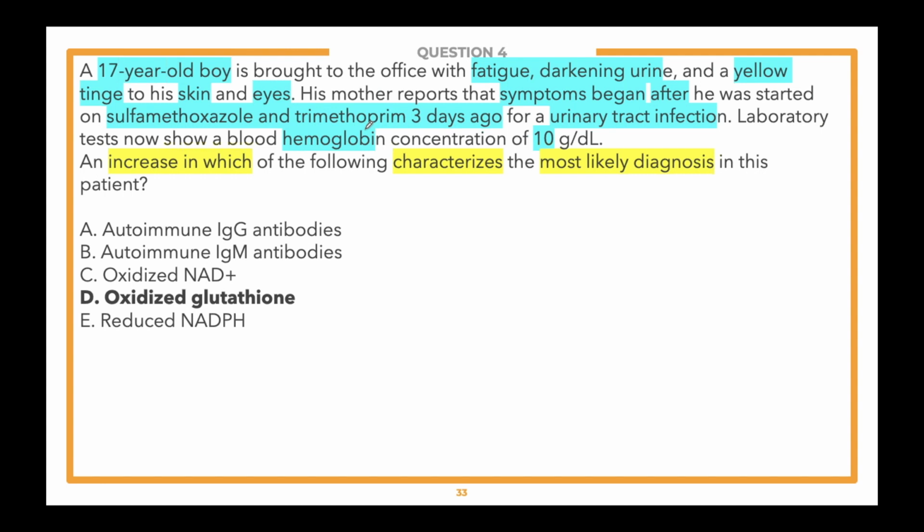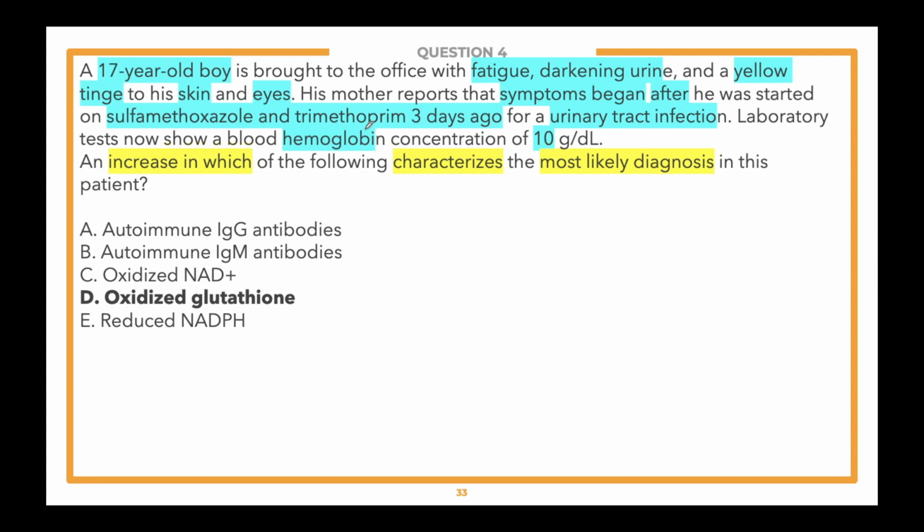Autoimmune IgM antibodies, that could be talking about autoimmune hemolytic anemia, both answer choice B and answer choice A. You can have autoimmune hemolytic anemia where you have antibodies, whether IgM or IgG, that react against your red blood cells. Now, this can be idiopathic.